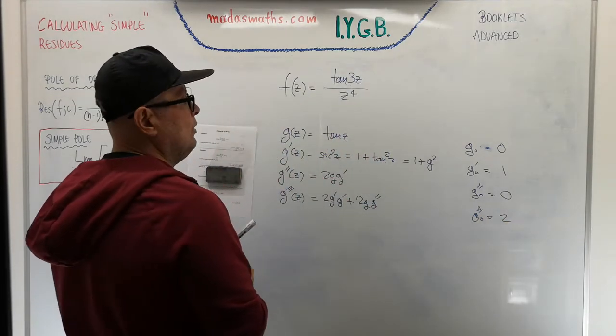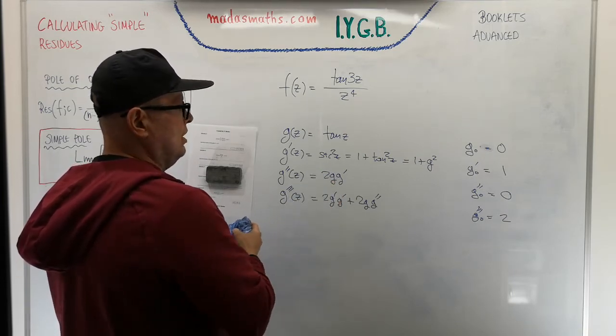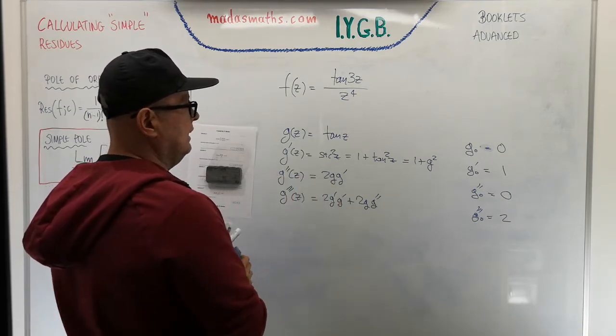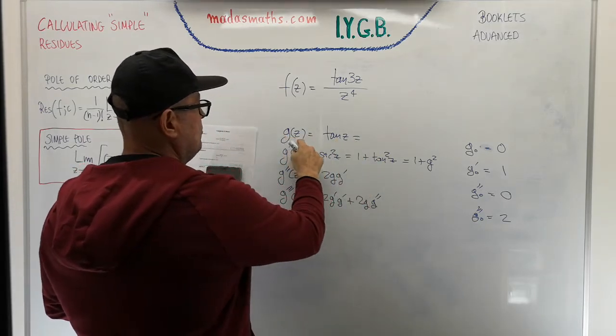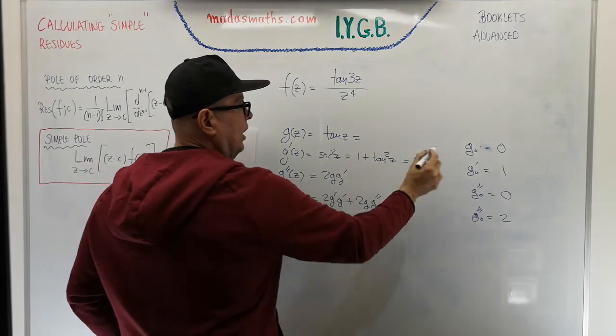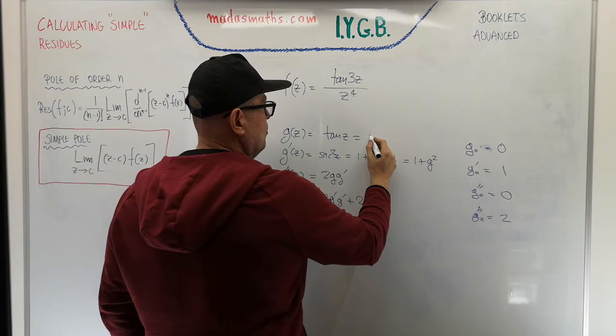So I can now get the Maclaurin, or the Taylor, whatever you call it, about the origin for tan of z. Tan of z, g of z is equal to tan of z, which is equal to, there's no constant term, that's the coefficient of x or z if you want.